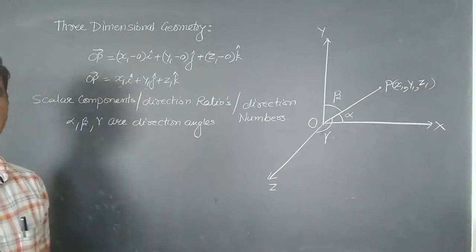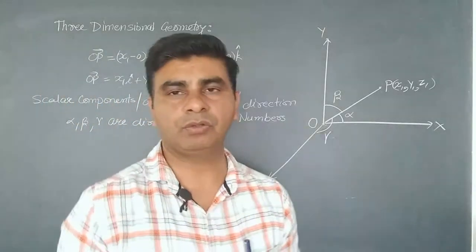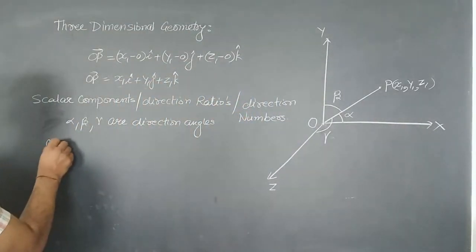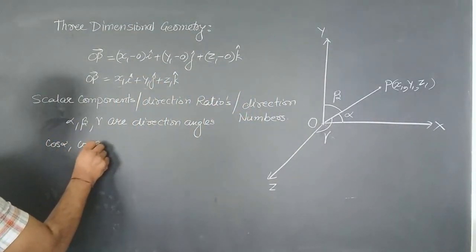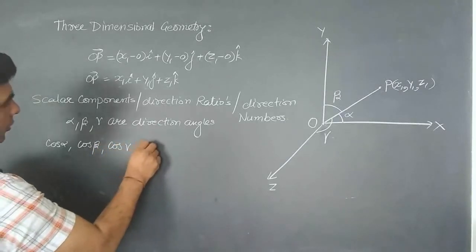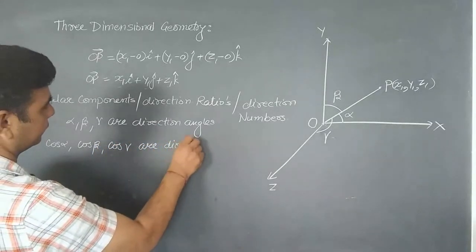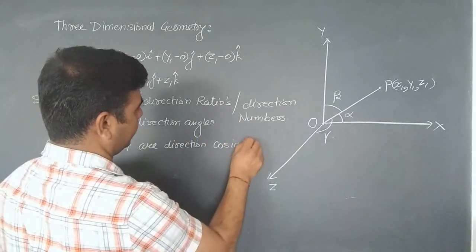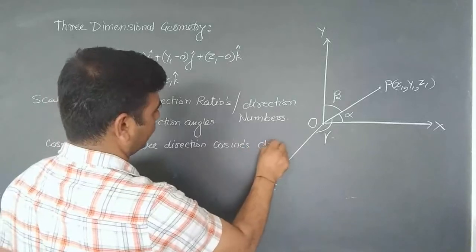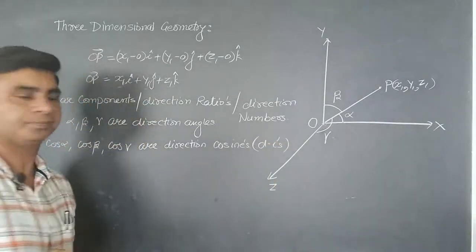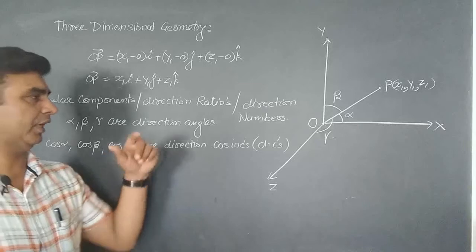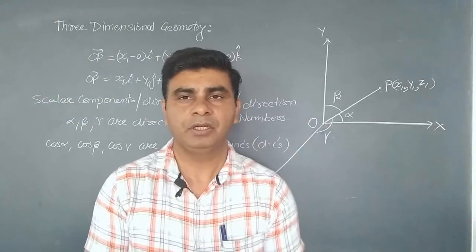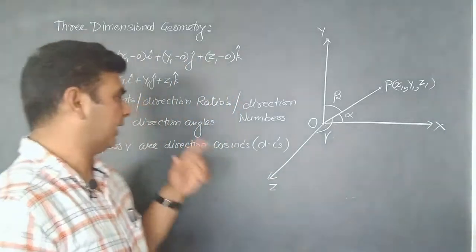By taking cosine of all these angles, like cos alpha, cos beta and cos gamma, these are known as direction cosines, and in short form these are denoted by DCs. So whenever direction angles are given to you, you can directly find the direction cosines by taking cosines of all the angles.